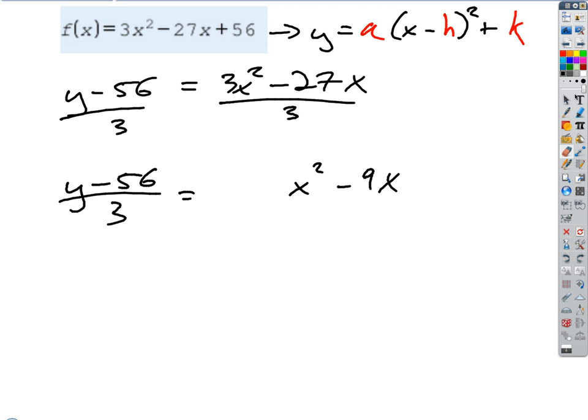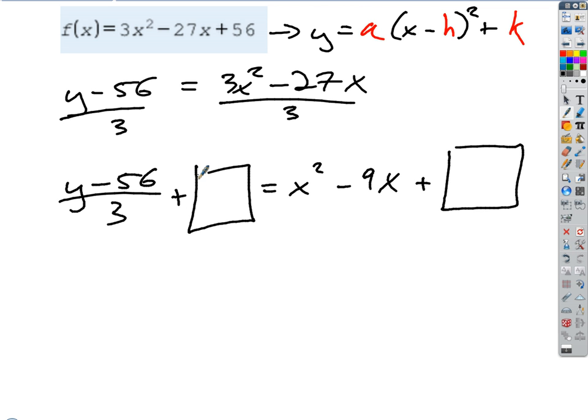Okay, and so what's the magic number I'm going to add to both sides then? b divided by 2 squared. So negative 9 over 2, negative 9/2 squared, right? Which is the same thing as what? If I square a fraction, what do I do?